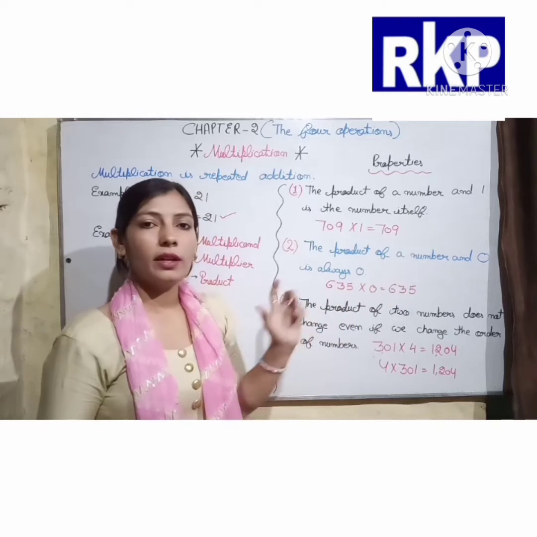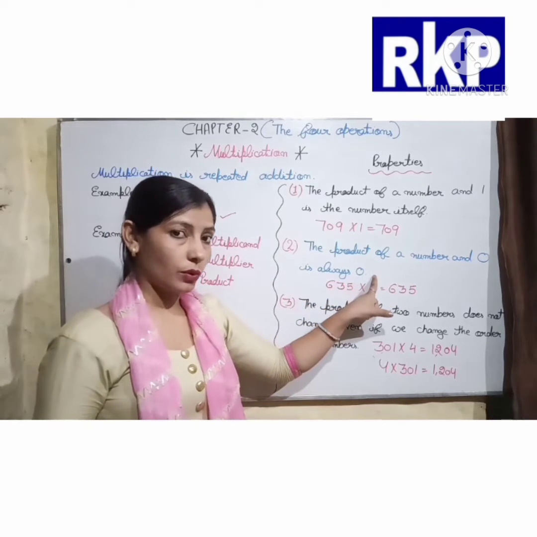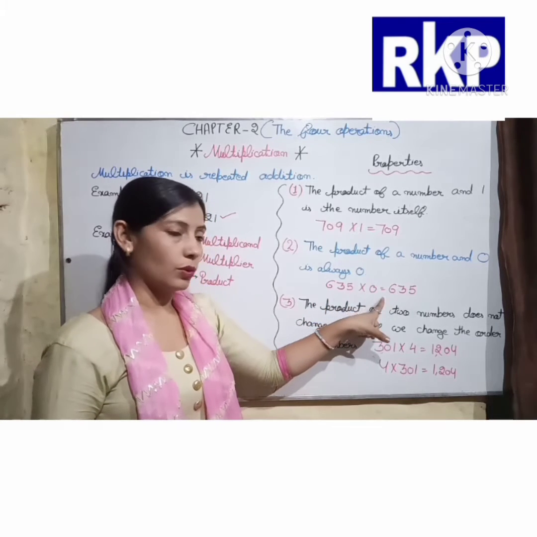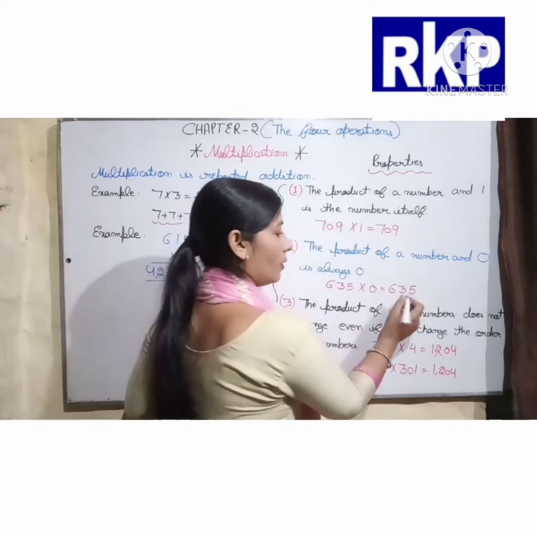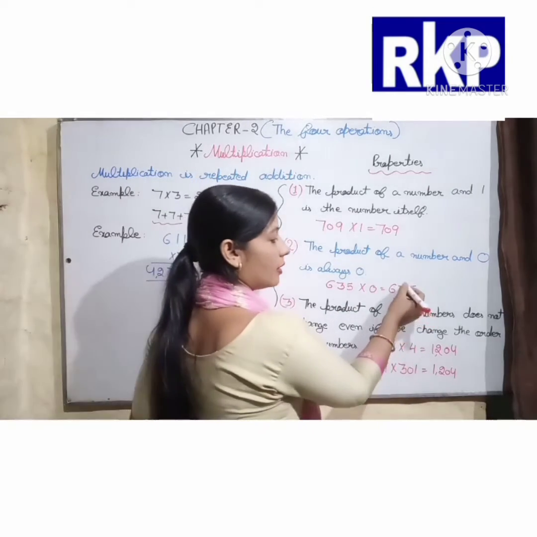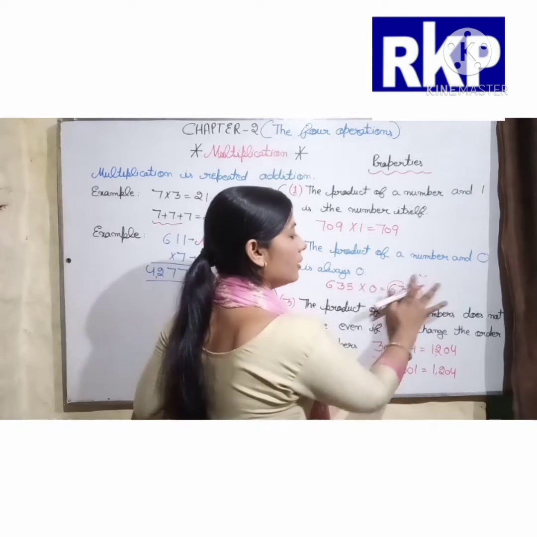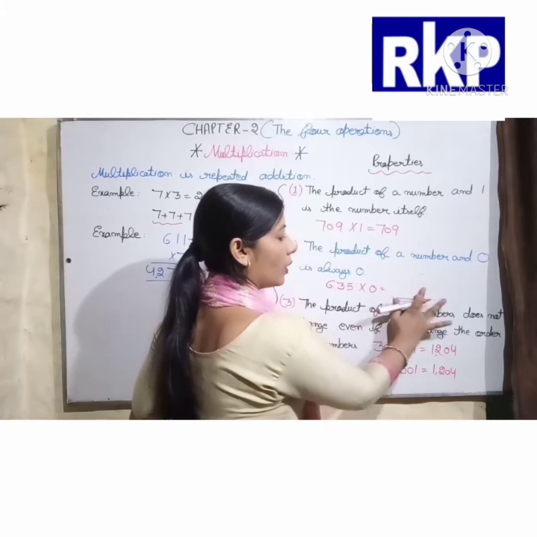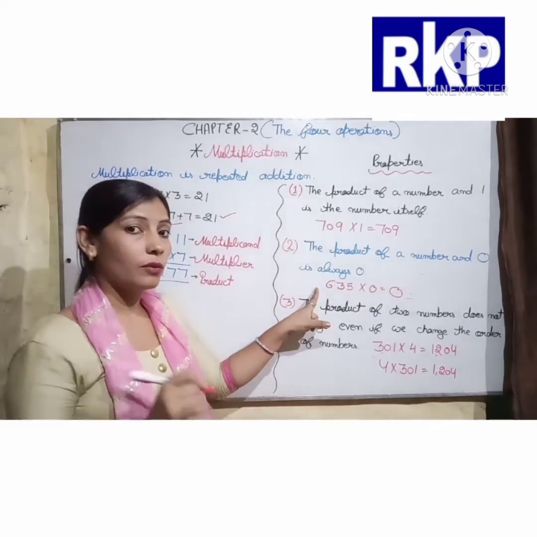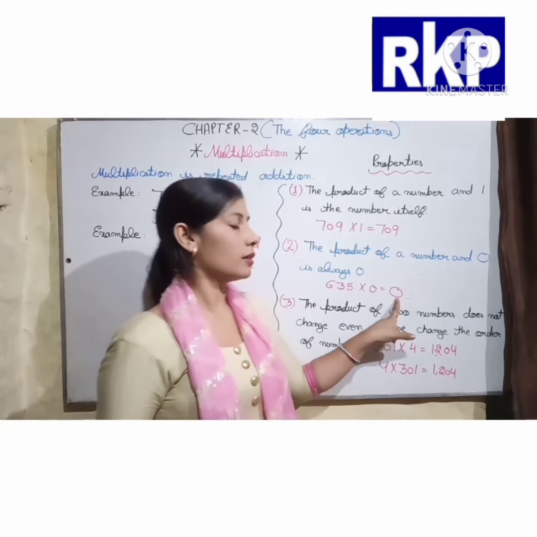The product of a number and 0 is always 0. If we multiply 635 with 0, then we get 635? No beta, it's wrong. So what will be the answer? Our answer will be 0, because when we multiply a number with 0, we get 0 as a product.